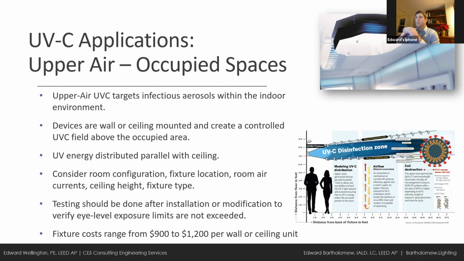You want to consider the room configuration, type of fixture, locations, and also a big impact is room air currents. You want to make sure that there are no real stagnant spots in the occupied zone, because you're really relying on the air to be circulated through the UVC field to be effective.